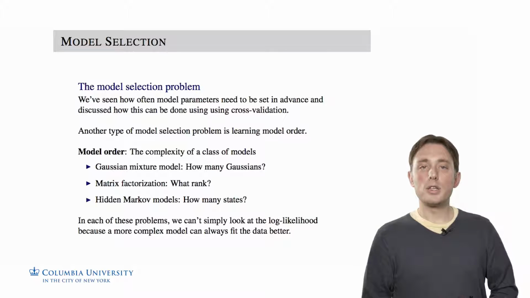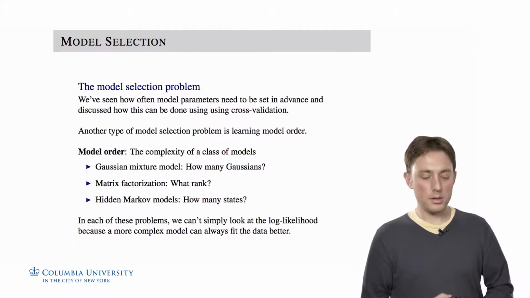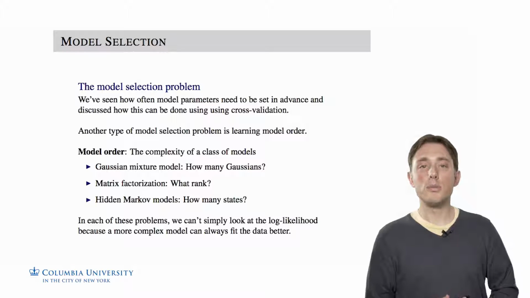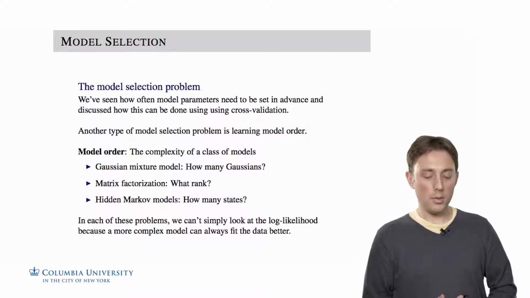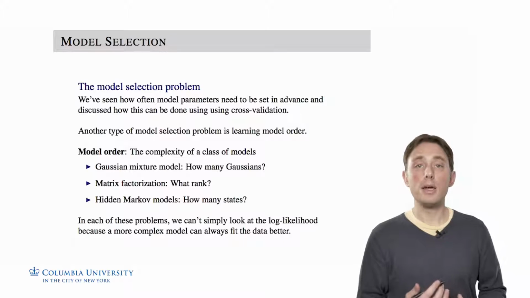Another model selection problem is determining the model order, and this is a little bit different from determining model parameters in that we have to actually decide the model to begin with. So for example, with the Gaussian mixture model, we have to decide how many Gaussians we are going to learn. With matrix factorization, we had to determine the rank of the matrix factorization that we were going to learn in advance.